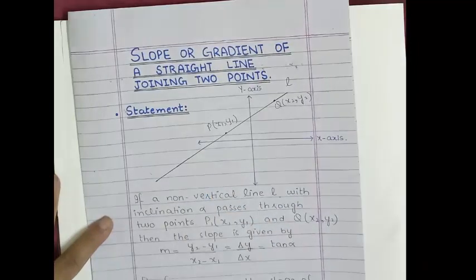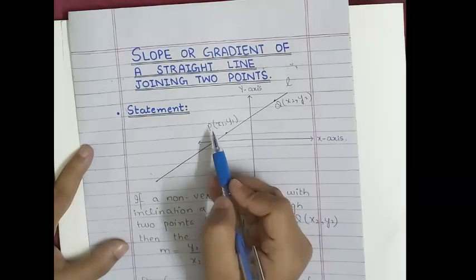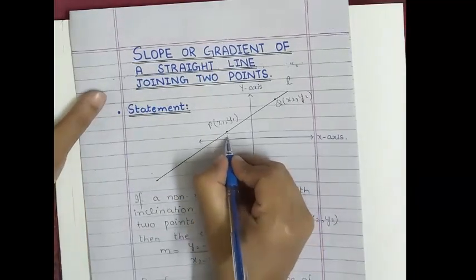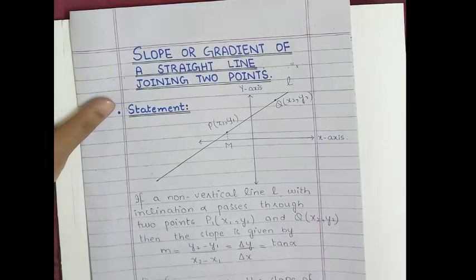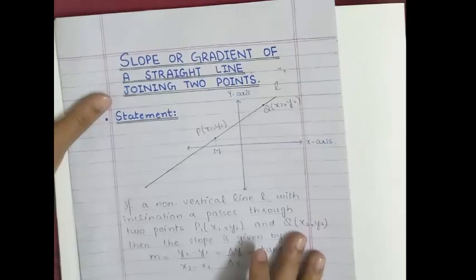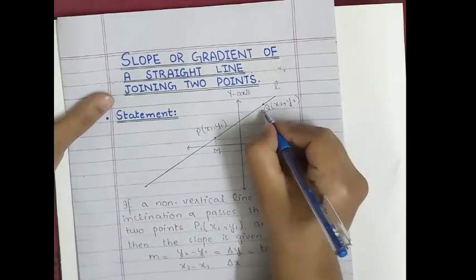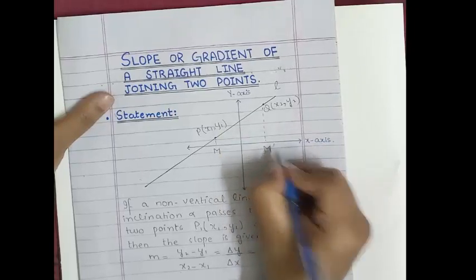This is the line L, and draw perpendicular PM. This is P. We will draw a perpendicular like this and mark this point as M. And QM dash. This is Q. Draw a perpendicular QM dash like this.